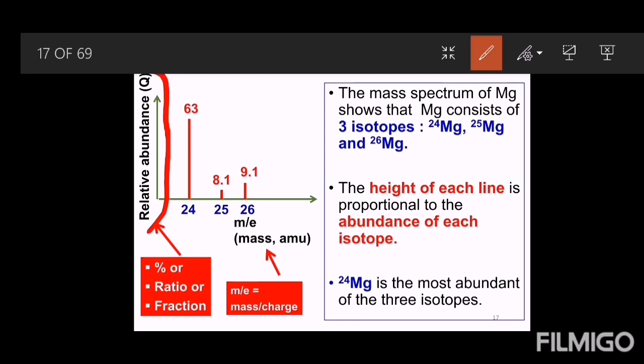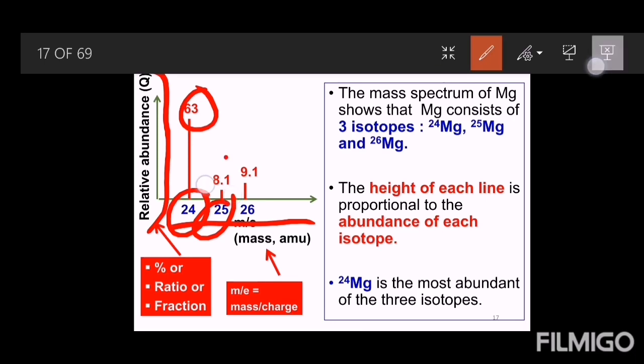And then the x-axis is the mass in AMU unit. Alright, so this is the magnesium. So magnesium 24, the abundance is 63.